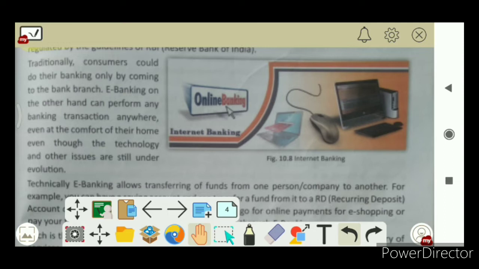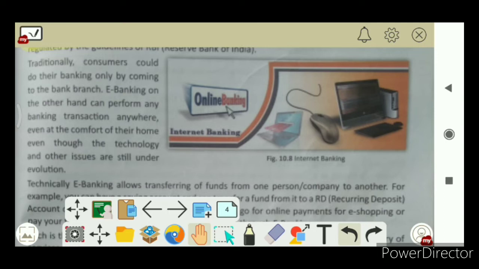So what has been written here: traditionally consumers could do their banking only by coming to the bank branch. It means generally a person has to go to the bank for any banking transaction. But e-banking, on the other hand, can perform any banking transaction anywhere, even in the comfort of their home.